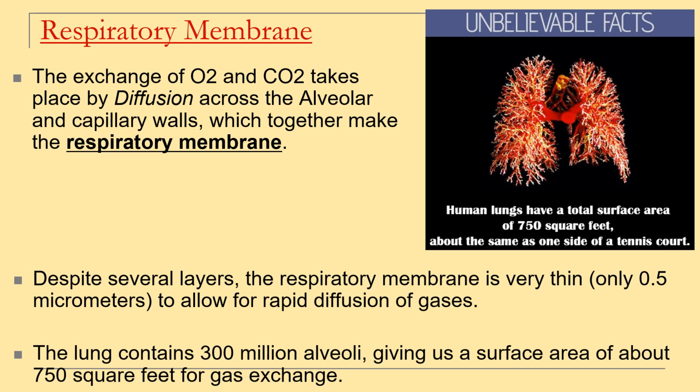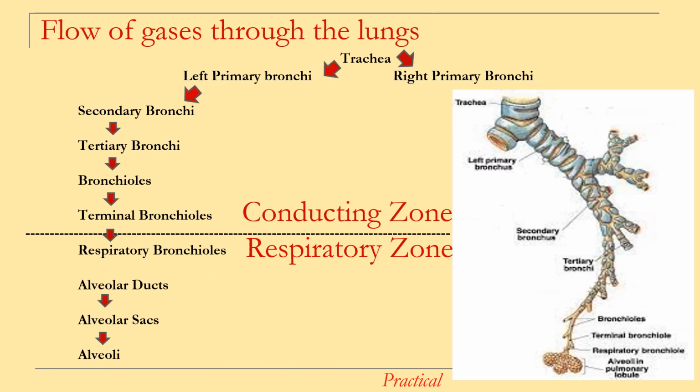Now, the lung contains about 300 million alveoli, giving us a surface area of about 750 square feet just for gas exchange. That's a huge area. In our picture, that's about half of a tennis court that our body devotes to just gas exchange, moving oxygen in and carbon dioxide out.